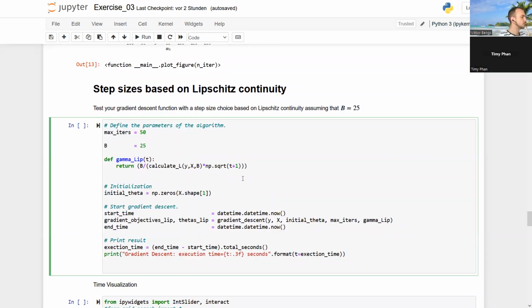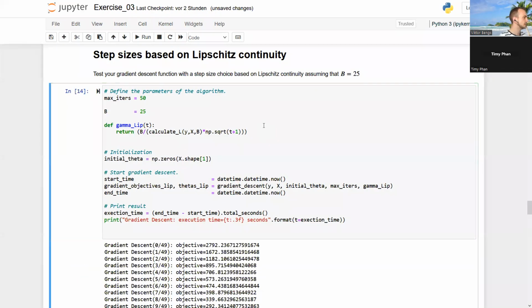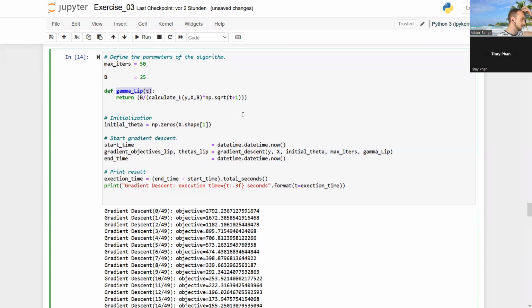Then we can also tune the choice of the step size by taking the Lipschitz continuity into account, where we have now a new, more sophisticated choice for the gamma step sizes depending on the Lipschitz constant.